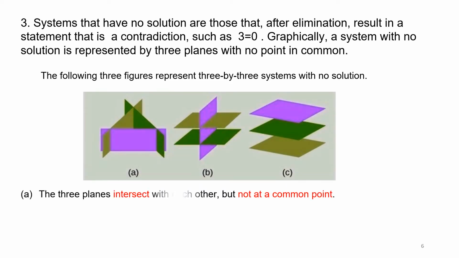So the first one here, A, is a representation of three planes that intersect with each other, but there's no common point.